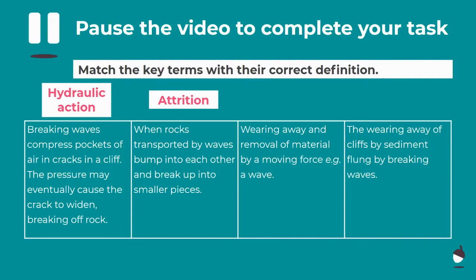The wearing away and removal of material by a moving force, for example, a wave, is erosion. So that's the umbrella term. And the final one is the wearing away of cliffs by sediment flung by breaking waves. And that one is abrasion. It's where those particles scrape away at the cliff. How many did you get?